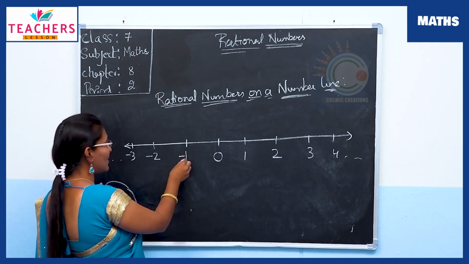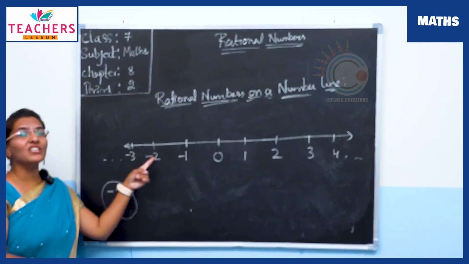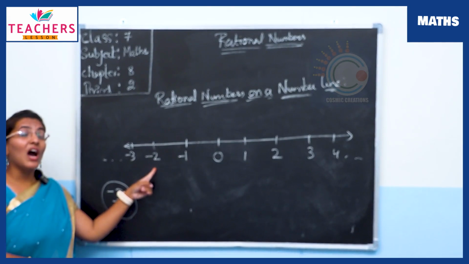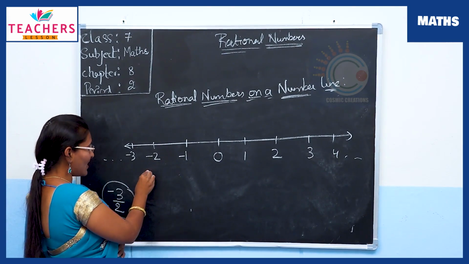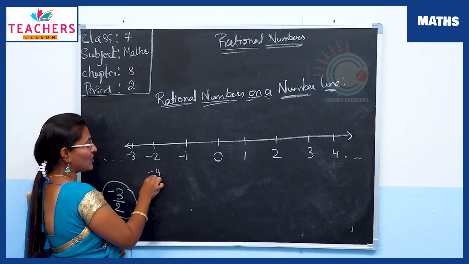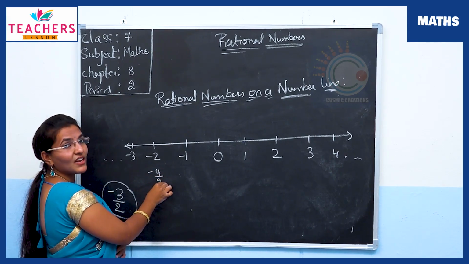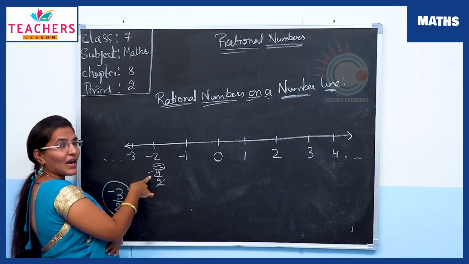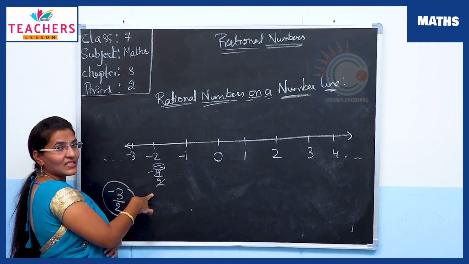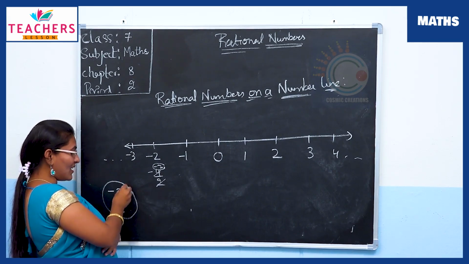Minus 3 by 2 will be in between minus 1 and minus 2. How can I say it is between minus 1 and minus 2? Because minus 4 by 2 is what, students? Can you simplify? 2 ones are 2, 2 twos are 4. So, minus 2. This minus 4 by 2 is obviously less than minus 3 by 2, right?